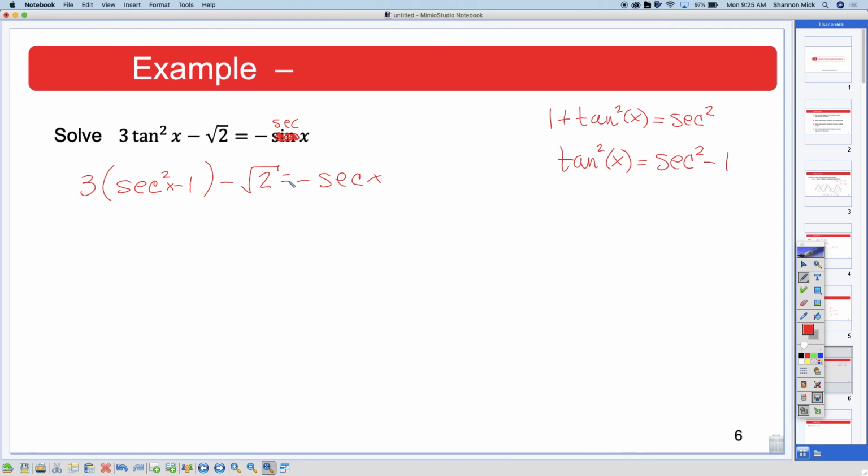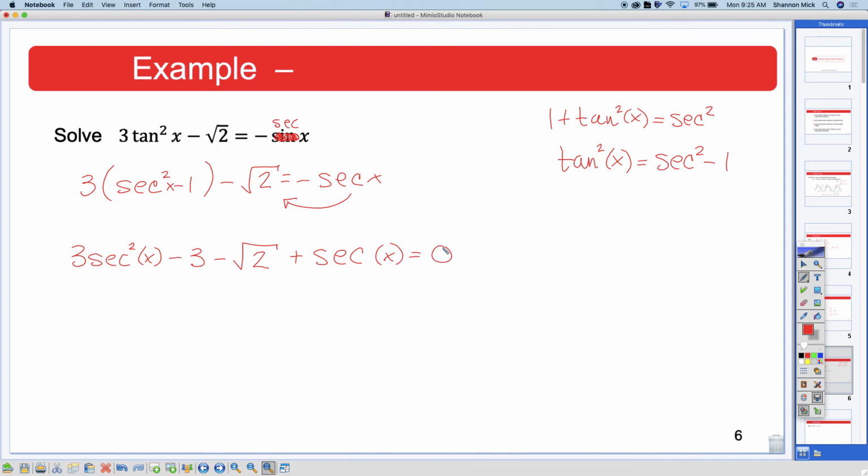If it's quadratic, the only way I can solve it is to set it equal to 0 and factor. So I'm going to have to move this over as well. So I'm going to have 3 secant squared x minus 3 minus the square root of 2 plus secant of x, and that equals 0.